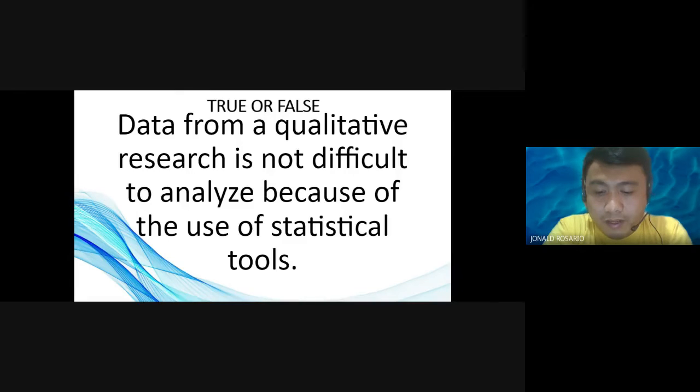Okay, how about the rest? Data from a qualitative research is not difficult to analyze because of the use of statistical tools. Marivic, Rochelle, Mary Grace, is that true or false? Mark Christian.